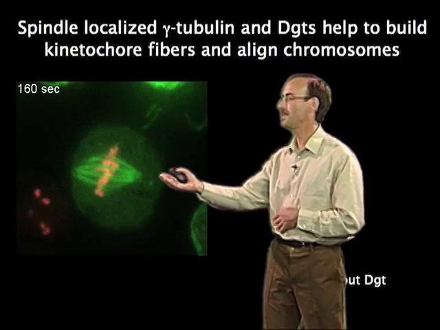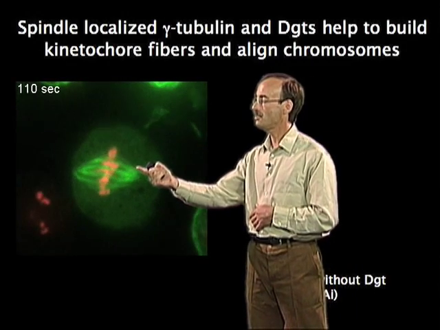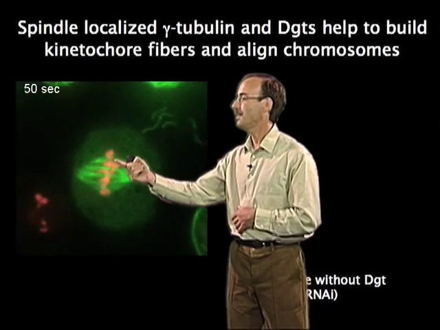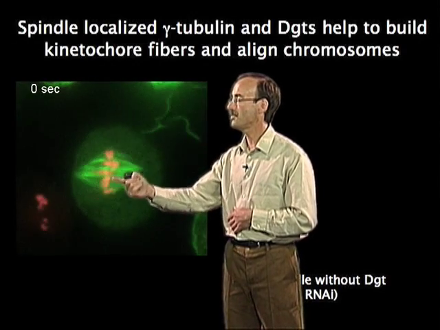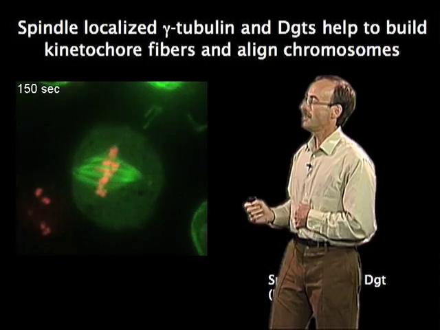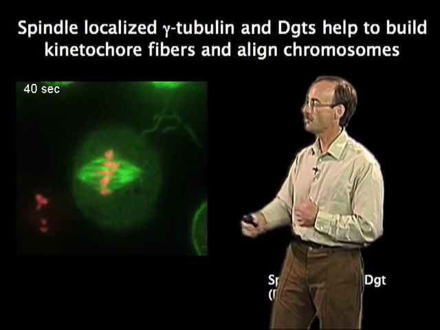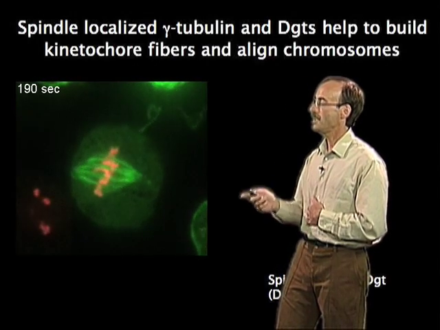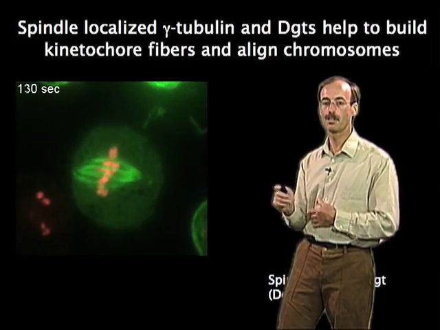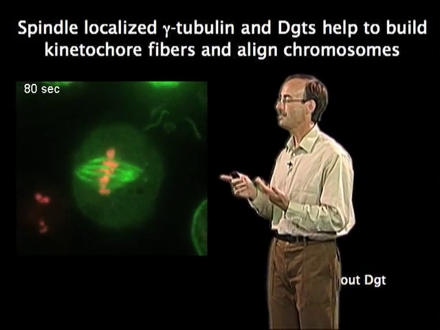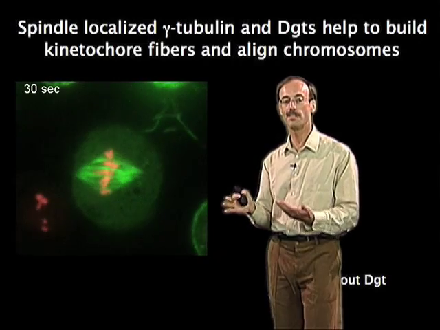Here is a normal spindle. We're looking at GFP tubulin in green and chromosomes here in red. And you can see this is a wild-type spindle, perfectly normal. The chromosomes are aligned normally. And in this next video, we're going to look at a cell that has been depleted of one of these DGTs.